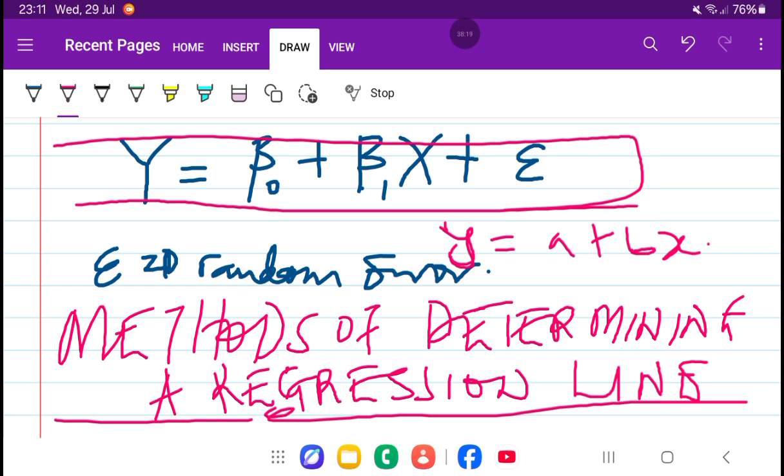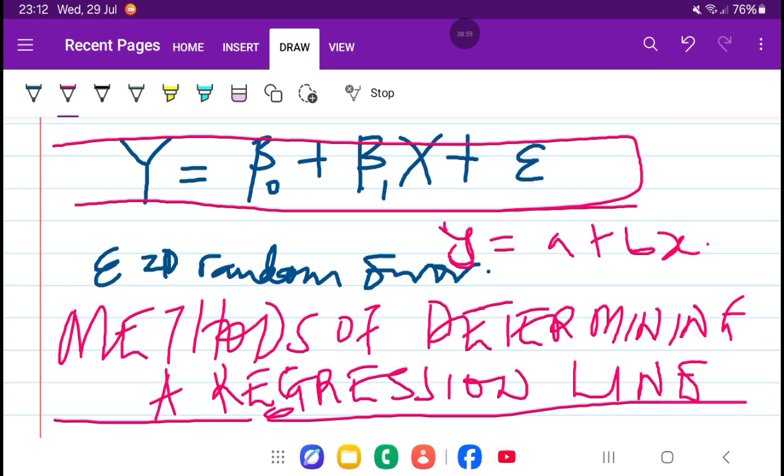And of course, in the process of getting the regression line, that one is very easy. I told you, you can draw it using just mere eyes, then you draw the line.